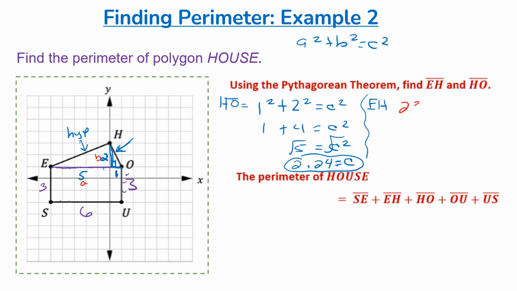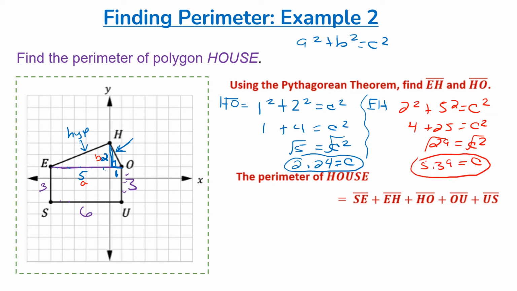And 2 squared plus 5 squared is equal to, I'm going to call this C squared as well. So 4 plus 25 is equal to C squared. Just simplifying this equation here. So the square root of 29 is 5.39. So I found the length of this side is 5.39.